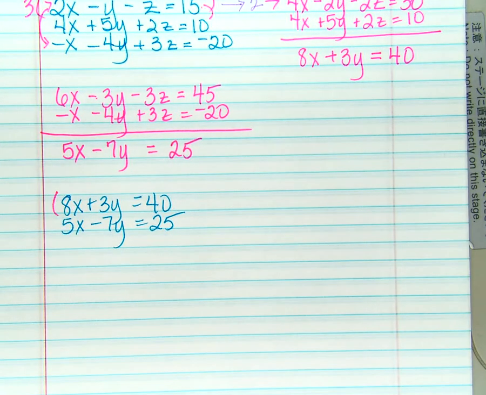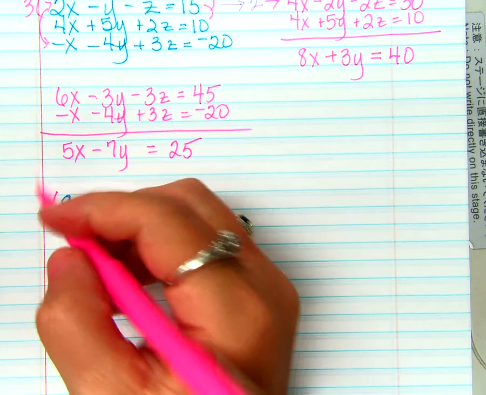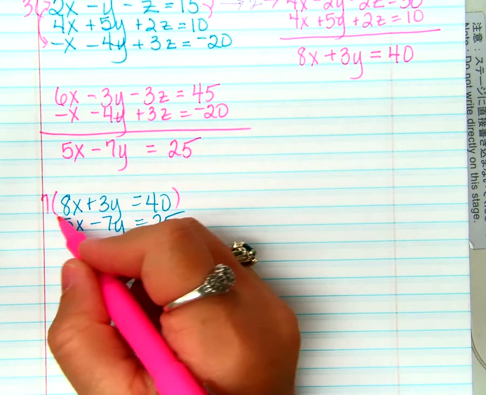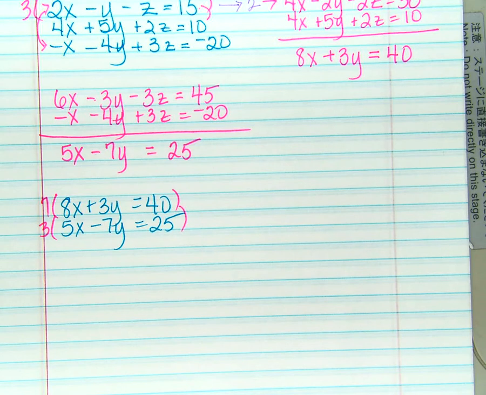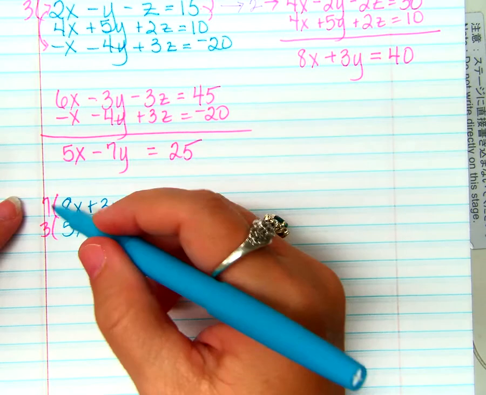Times the top one by what? 7 on the top and 3 on the bottom? Is that what you said? I agree with that. So what's 7 times 8?